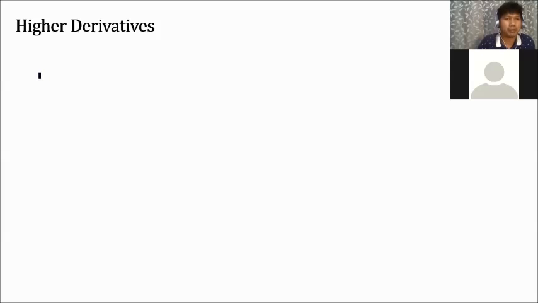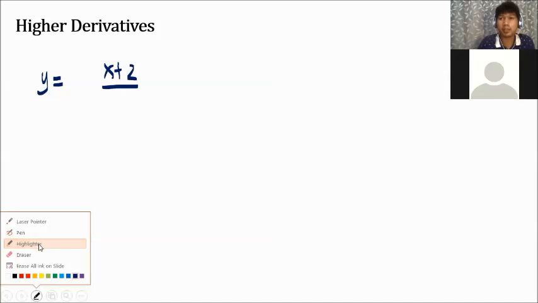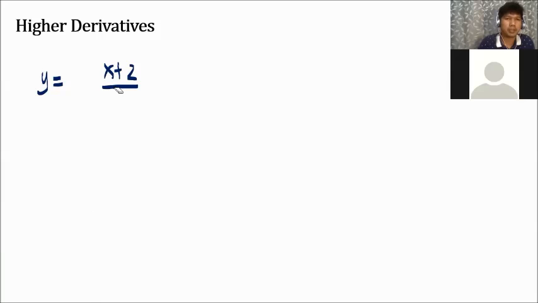For example, just for the product rule, y is equal to x plus 2. Not quotient rule, because when you get the second derivative and the third derivative, it gets really complicated.